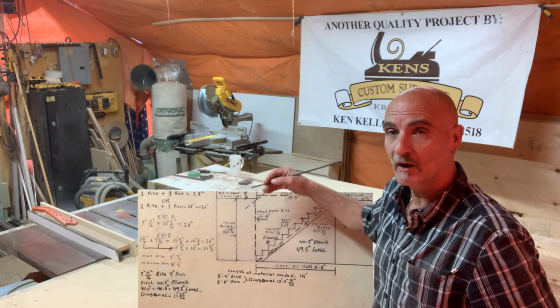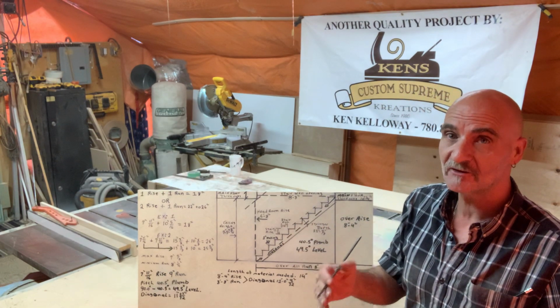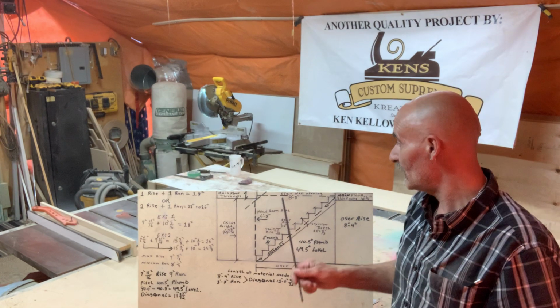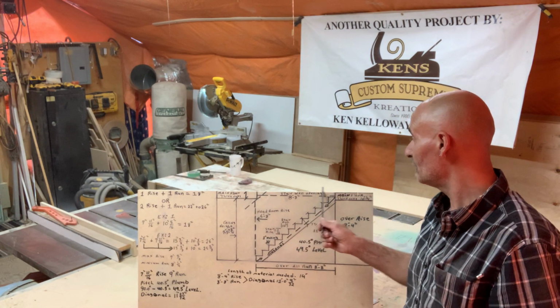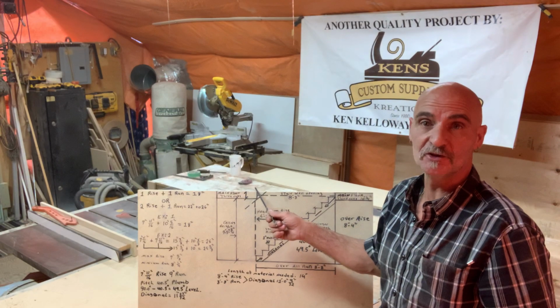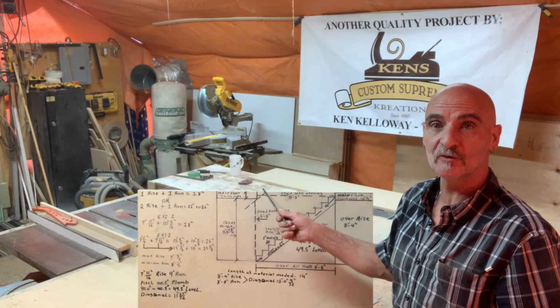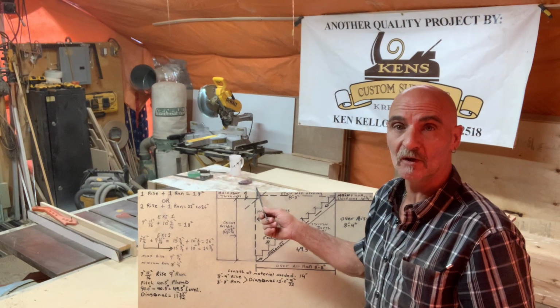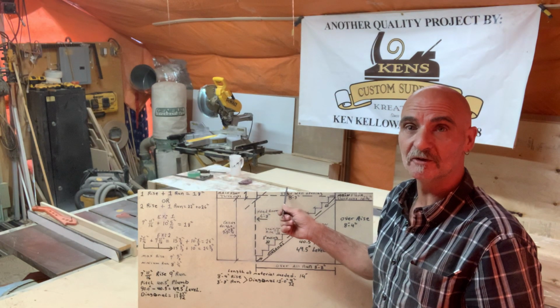Now, in a lot of circumstances you're not going to be able to do that, but hopefully, in your case, if you're going to build a set of stairs going into your basement, you have a big enough stair well opening to be able to do it.